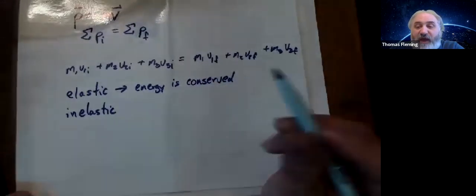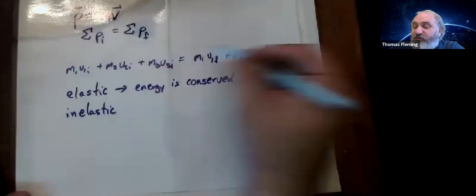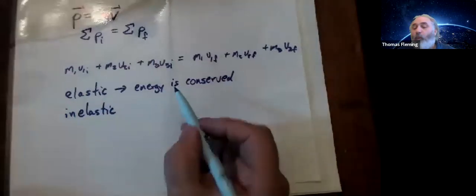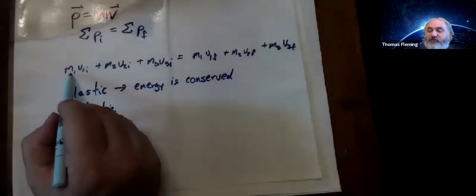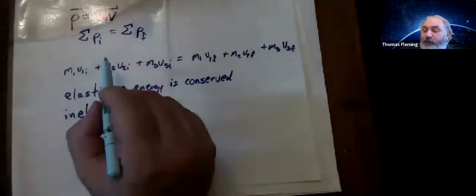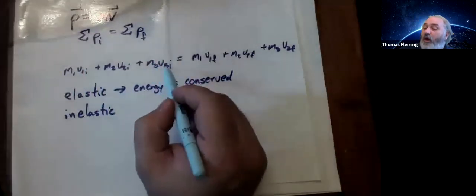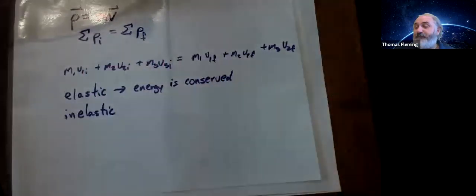So if I have an elastic collision, this is true for all the objects, but also the energy is conserved. So 1/2 m1 v1 initial squared plus 1/2 m2 v2 initial squared plus 1/2 m3 v3 initial squared would be my starting kinetic energy. That would have to equal my final kinetic energy. And that gives me an extra equation that might help me fill in a blank.